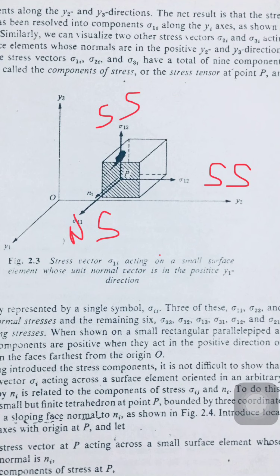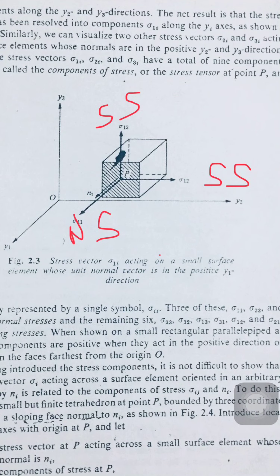In the small rectangular parallelepiped in the diagram at point P, these components are positive when they act in the positive direction of the axes on the faces furthest from the origin O. So this is the main definition of normal and shearing stress.